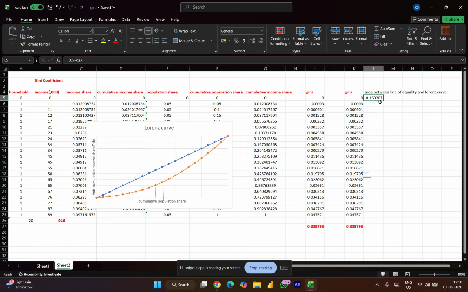This is the area between the line of equality and the Lorenz curve.